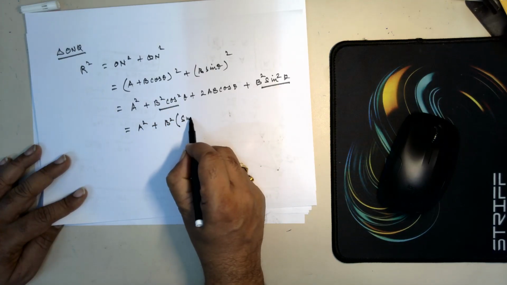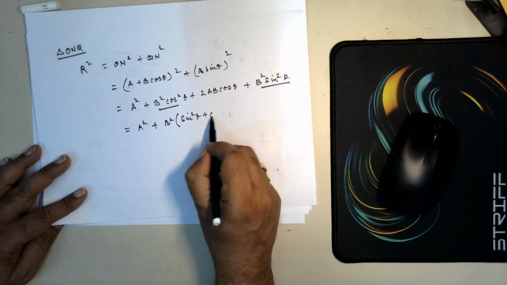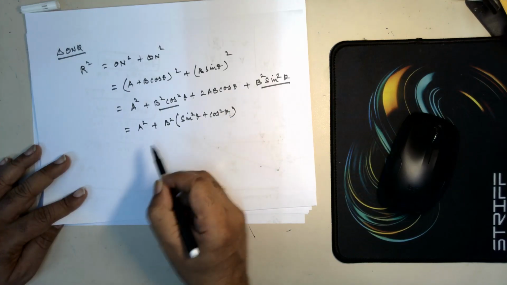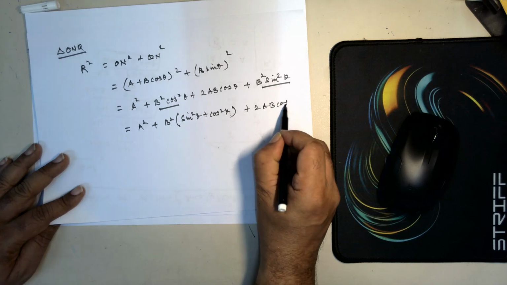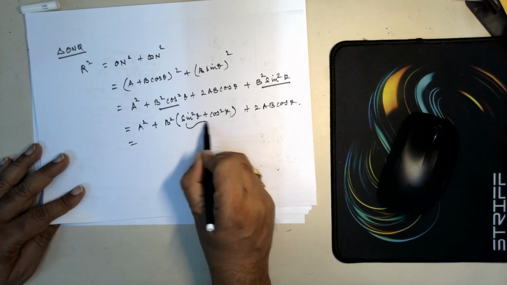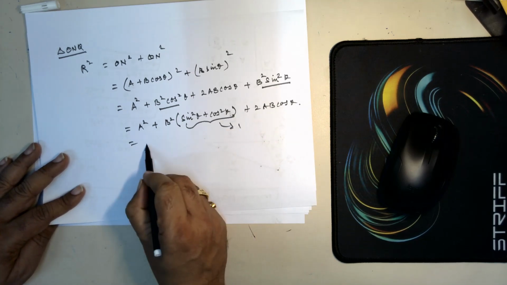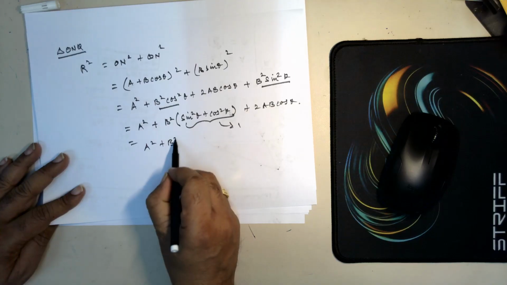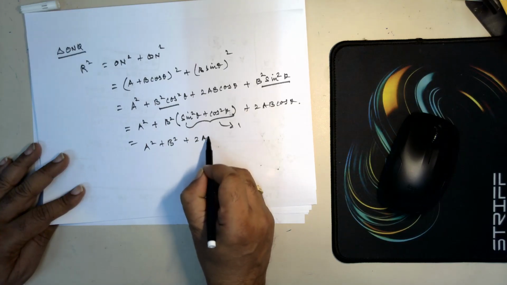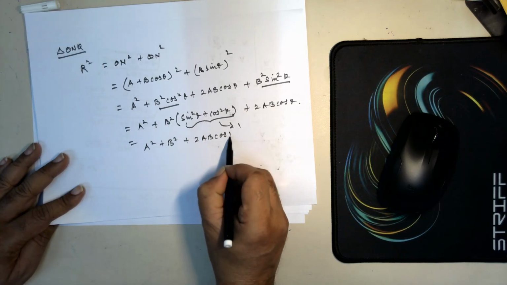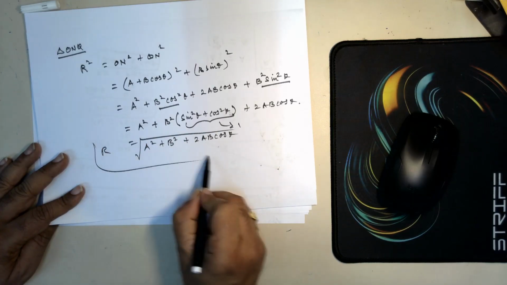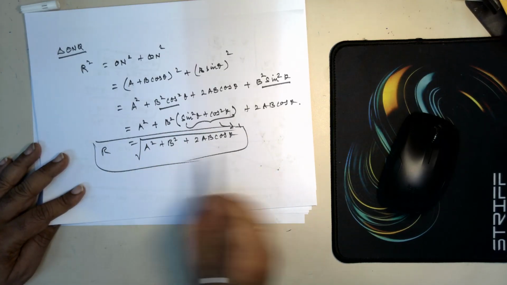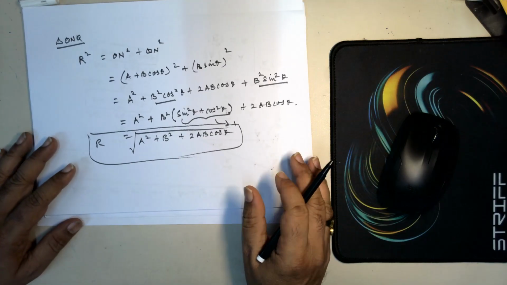Now sin squared plus cos squared is equal to 1. Then you have 2AB cos theta, and this becomes 1. Therefore, A squared plus B squared plus 2AB cos theta. And R is the square root of this one. So this is the analytical method of finding out the resultant.